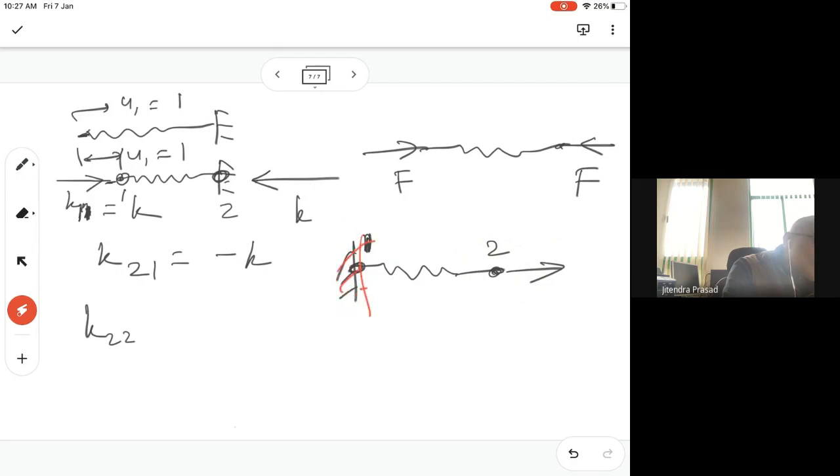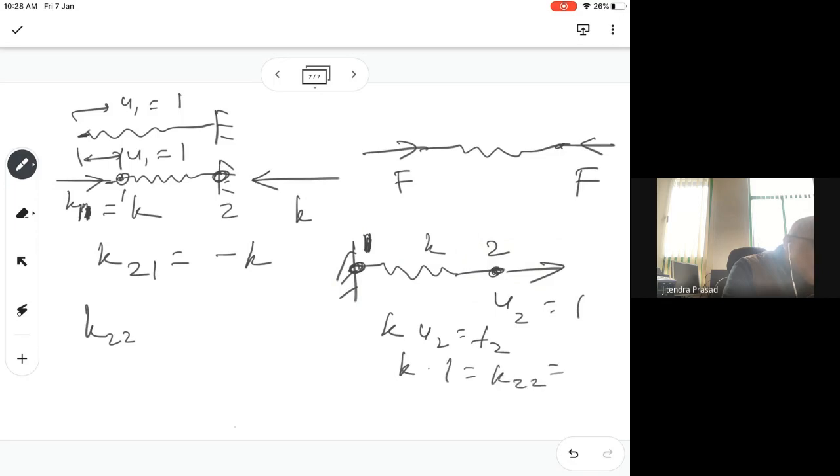So 1 is fixed, and you are applying a unit displacement. So U2 equal to 1, and hence what is the definition? This is K. So you have K U2 equal to F2. So K times U2 equal to 1 is, by definition, K22. So K22 equal to K simply.